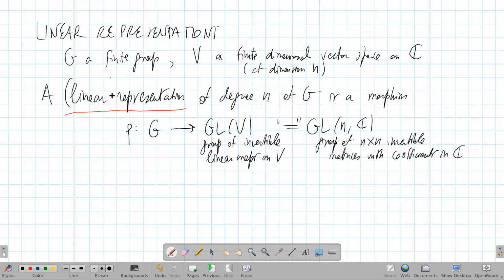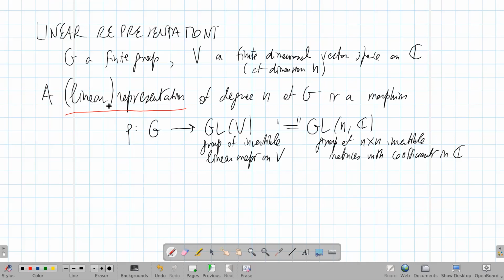In the rest of the course, I will simply speak of a representation, because we will only be dealing with linear representations. I will be talking soon of permutation representations, but these will be particular linear representations. So when I say representation, I mean something like that.